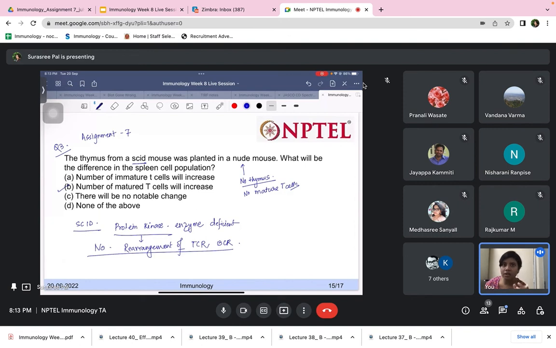So if the thymus is taken out from the SCID mouse and planted in the nude mouse, which does not have any thymus, then of course maturation of T cells will take place in the thymus, and therefore the number of mature T cells will increase. So that is the correct answer here. Is that okay?